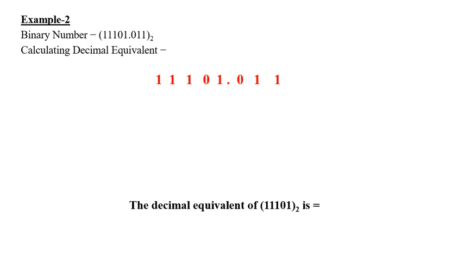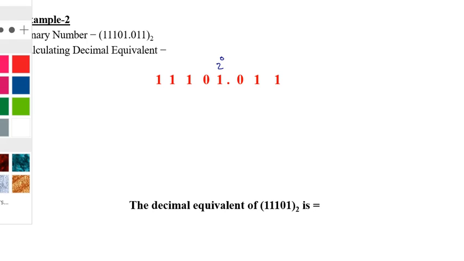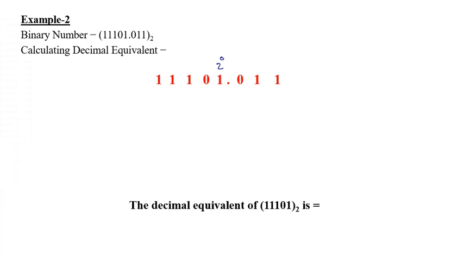As we know the steps, the first step is to identify the positional value. In this case, the positional values are identified starting from the decimal point. The positional value of 1 is 2 power 0. The positional value of 0 is 2 power 1.